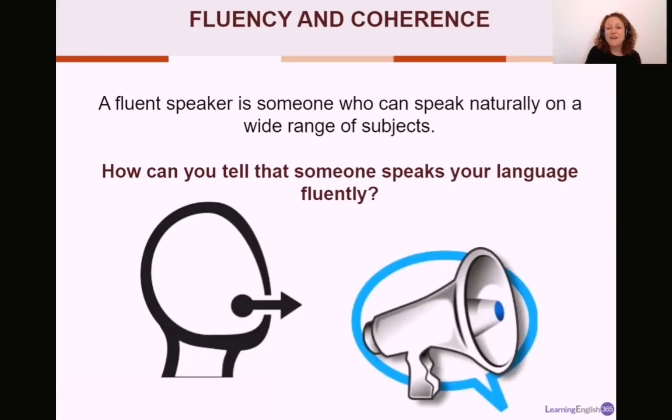Words like however, on the other hand, so, because, those words that enable the whole part of what you're saying to flow naturally, and also to give signposts to the person listening to you.